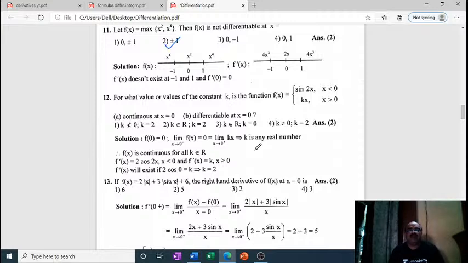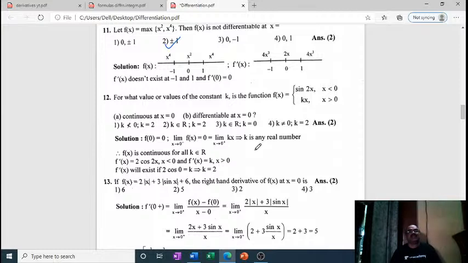For what value or values of the constant k is the function f of x equal to sine 2x, where x is less than 0, and equal to kx, where x is greater than 0? Now you need to answer this at 2 points.